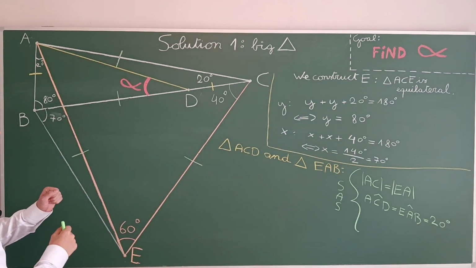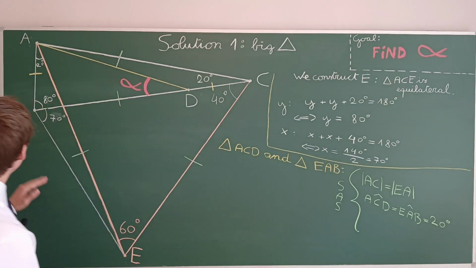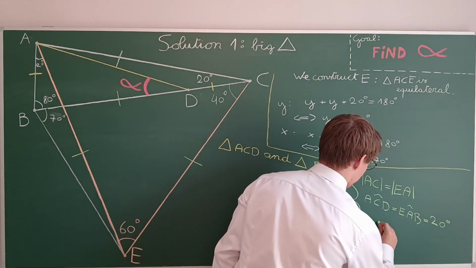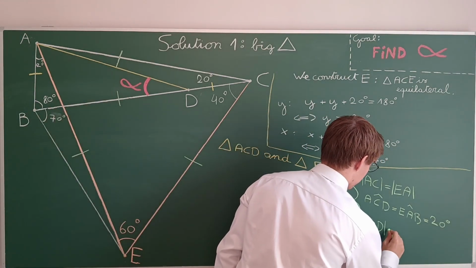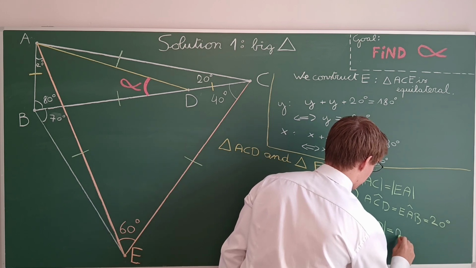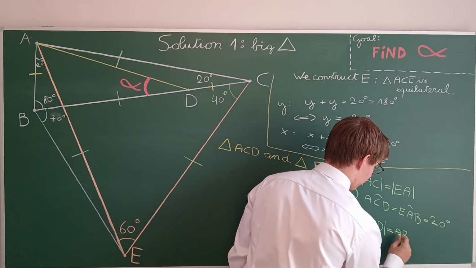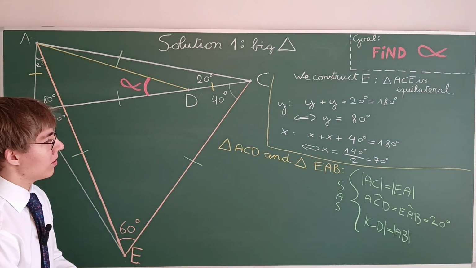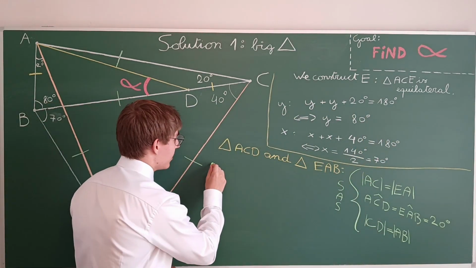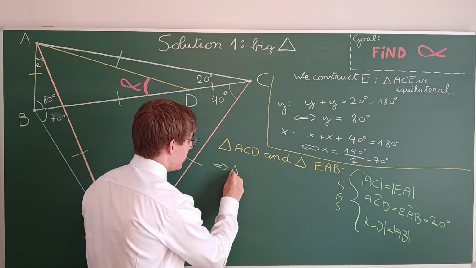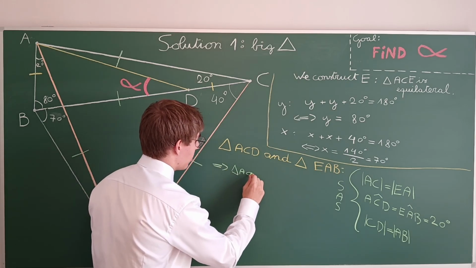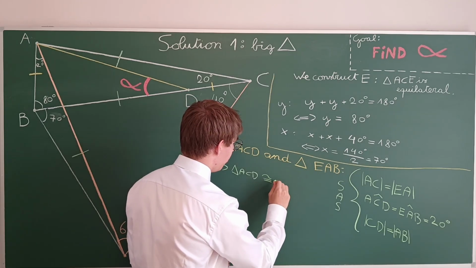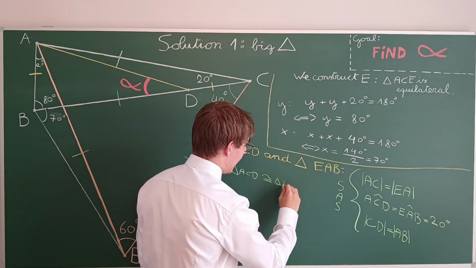And finally, CD is equal to AB. So it follows that triangle ACD is in fact congruent to triangle EAB.